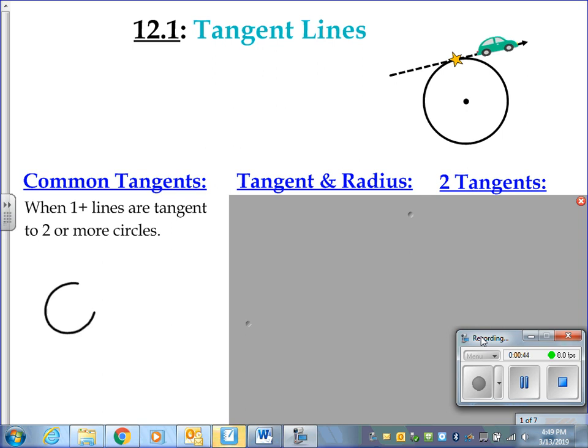So let's say we have two circles. And I want to know how many tangent lines I can draw that will be tangent to both of the circles at the same time. So there's a few different ways you could draw this.